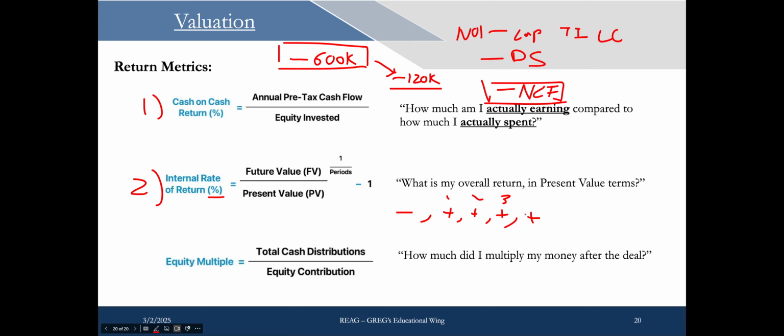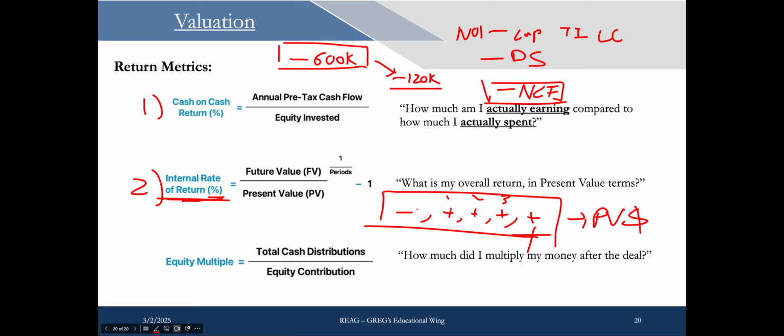So my initial cash flow plus a big inflow from the sale of the property. So it's taking the whole thing, translating into present value dollar terms, just like we did earlier, and then it's giving me a return. So that's what IRR is, and it's used very, very frequently.